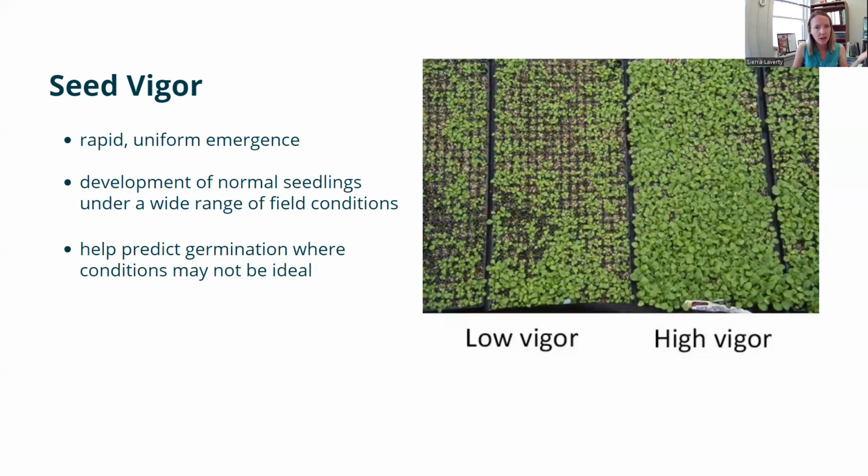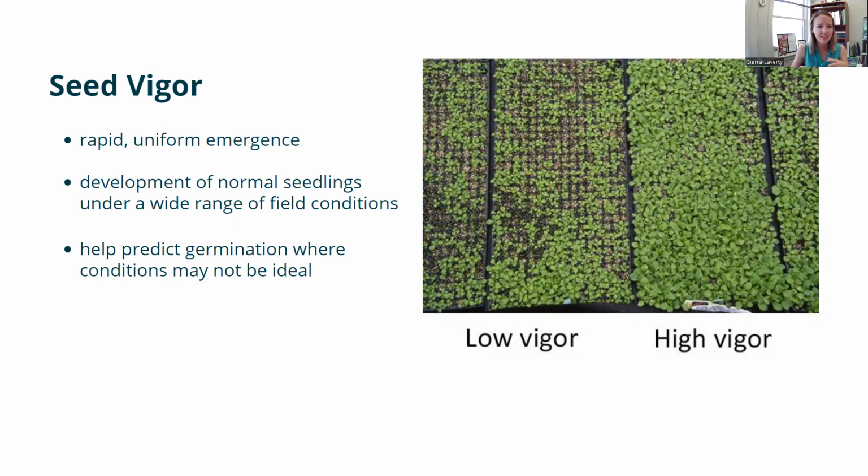Well, one thing that we can look at when we're breeding plants is what's called seedling vigor, or seed vigor. So you have one example here on the left. This is a seed lot that has low vigor. So you can tell it's not very uniform. It looks like some of them are slow to germinate, if they're germinating at all.